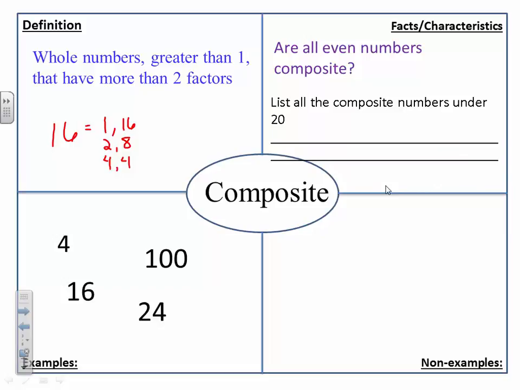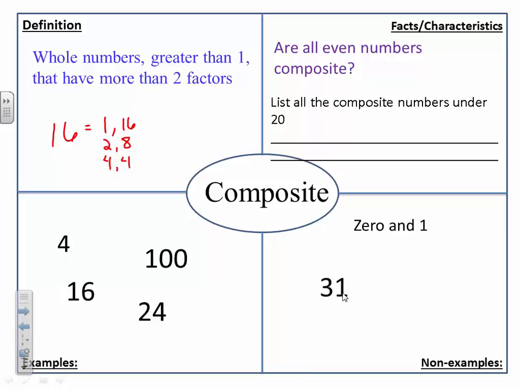This says list all the composite numbers under 20. So you're really going to list every number under 20, but which side does it go on? That's up to you to figure out. Composite numbers, non-examples: 0 and 1 aren't composite either. It's very important to note that 0 and 1 are not composite, and they're not prime either. So 0 and 1 are neither. They kind of have their own rules, like we said before.